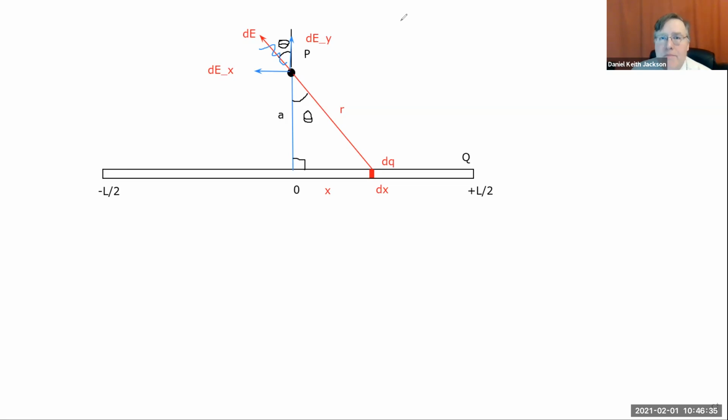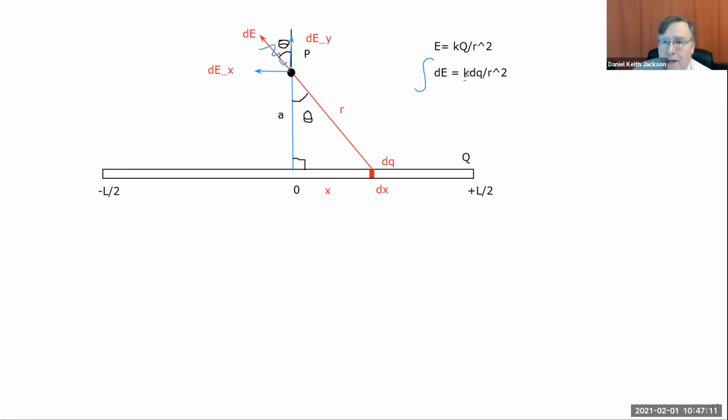Now my next step is I'm going to begin with this expression. I'm going to start with E is equal to KQ over R squared. I'm going to then convert that to dE is equal to K dQ over R squared. And I want to integrate this expression, this dE, in order to find the total electric field.